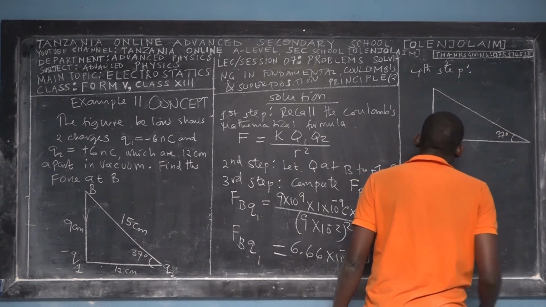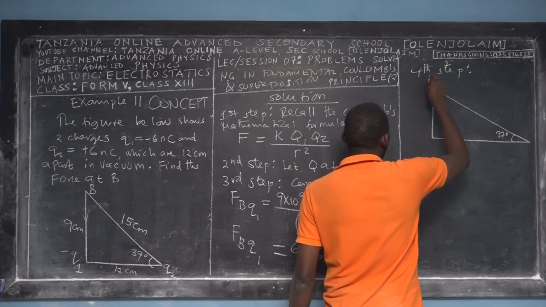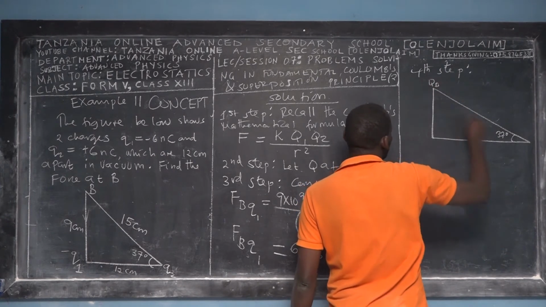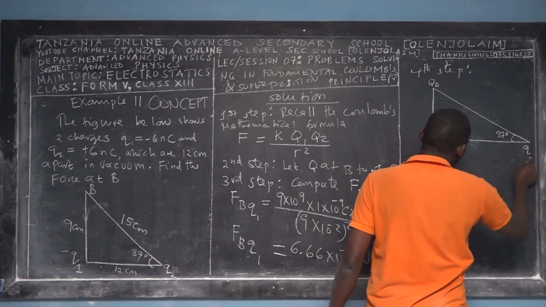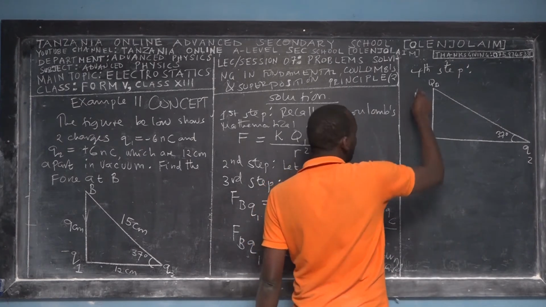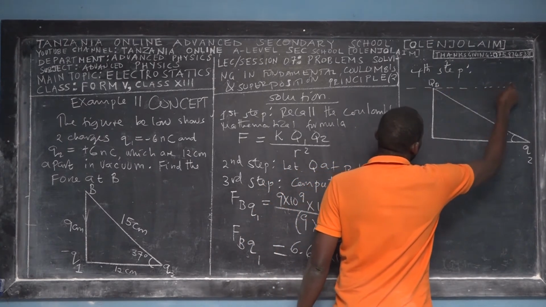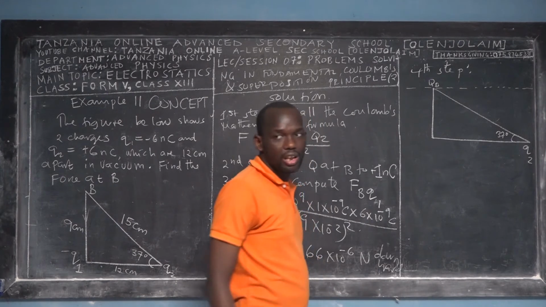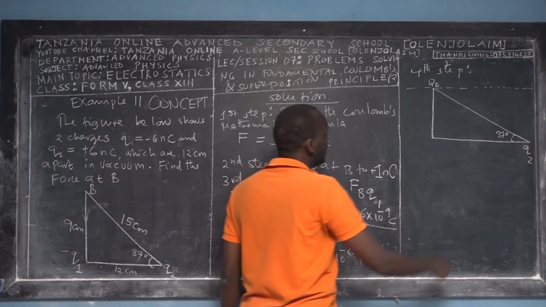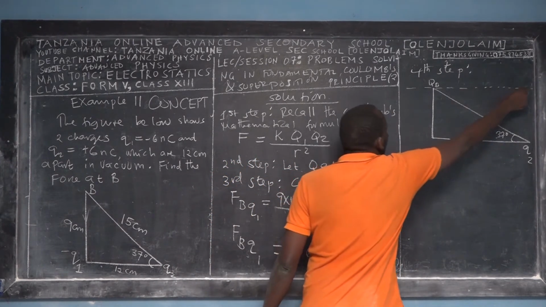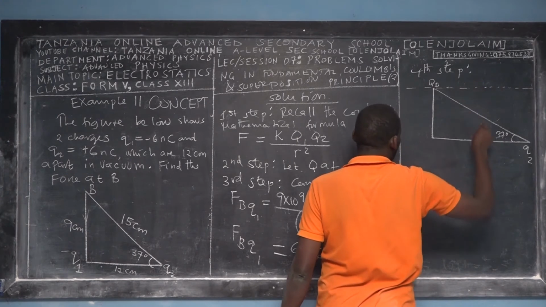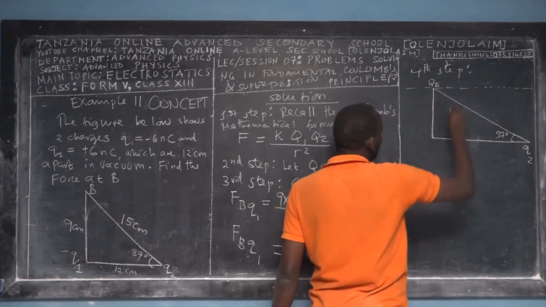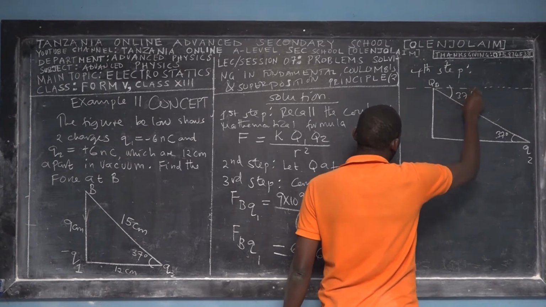This is 37 degrees. So listen, here you have Q at B. Here you have Q2. If you prolong, this is the horizontal line passing along Q2, right? So here we formulate a Z. This line is parallel to this line, so if they are parallel, then here we have 37 degrees.